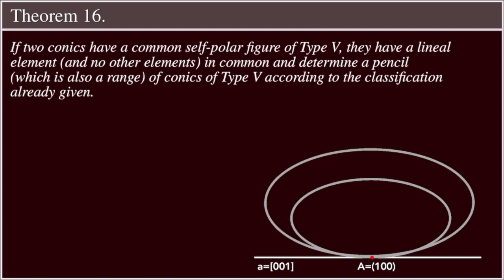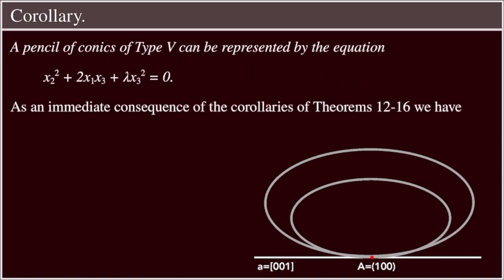Theorem 16. If two conics have a common self-polar figure of type 5, they have a lineal element and no other elements in common, and determine a pencil, which is also a range, of conics of type 5 according to the classification already given. Corollary: a pencil of conics of type 5 can be represented by the equation x2 squared plus 2 x1 x3 plus lambda x3 squared equals 0.